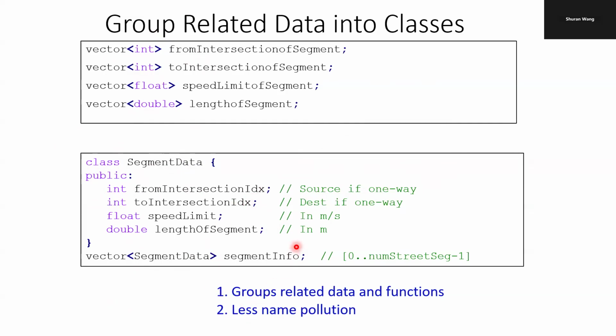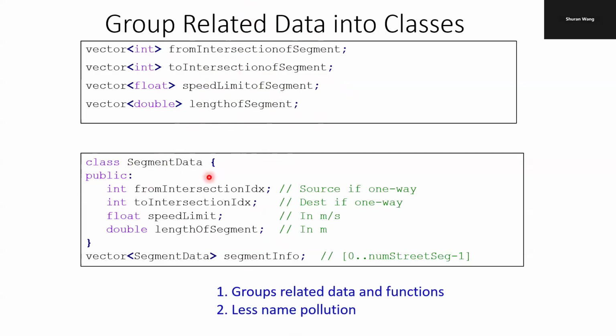This is easier to read because you grouped related data and functions together, and it reduces name pollution. In this case, you have 4 names globally that you are not supposed to create variables of this name, of course, and you will need to remember these 4 names.